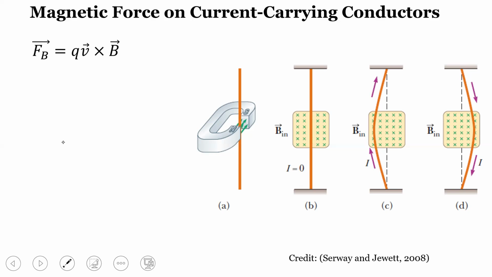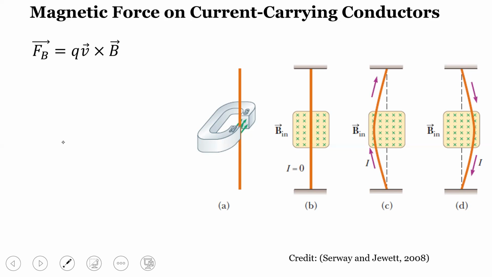The magnetic field is into the screen, current flow is upwards. Now, the magnetic force tilts to the left. So the magnetic force should be 90 degrees to the magnetic field and also 90 degrees to the direction of current flow.